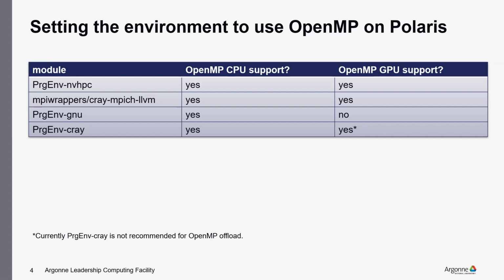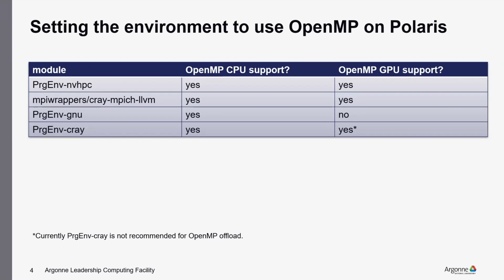So the OpenMP offload is there. I don't know how much you need OpenMP CPU support. I know there's only one limitation on NVHPC compilers: OpenMP tasking is not supported. So as long as you're just okay with doing OpenMP threading, it's fine.